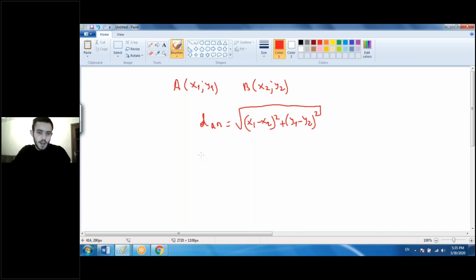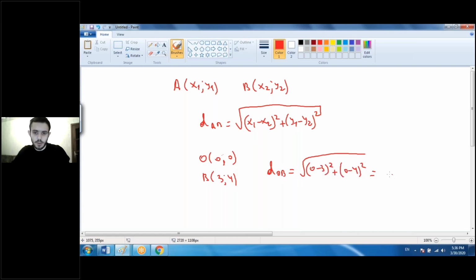For example, I have the origin (0, 0) and point B with coordinates (3, 4). To find the distance OB, I substitute (0 − 3)² + (0 − 4)², which gives me 9 + 16, which is root of 25, and the final answer is 5.